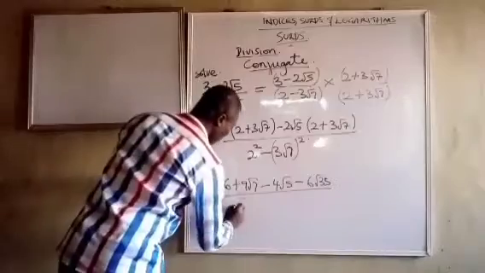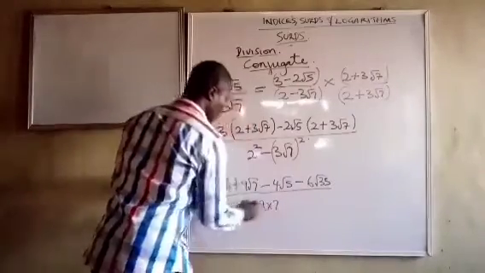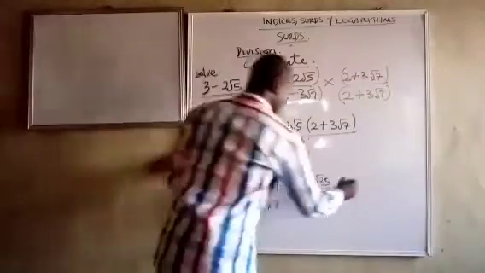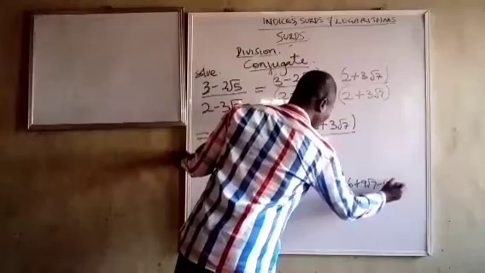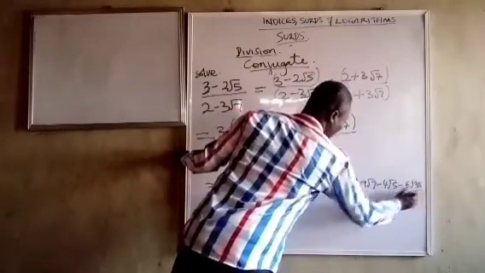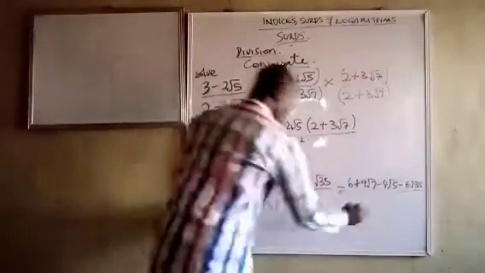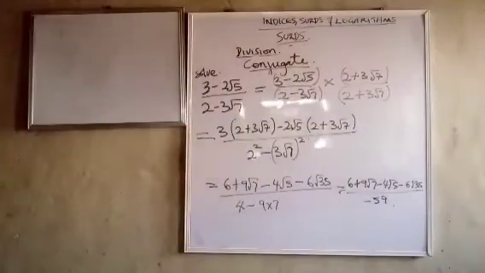The denominator is 4 minus 9 times 7, which is 4 minus 63. If you look at this, there's nothing to simplify again. So the answer is 6 plus 9 root 7 minus 4 root 5 minus 6 root 35 over 4 minus 63. That is the answer.